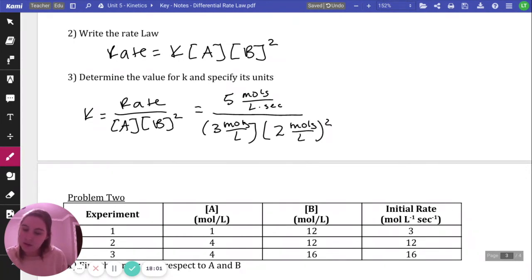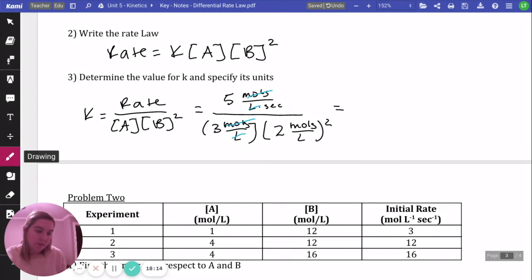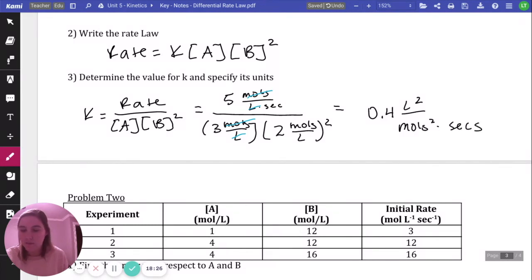So you can kind of square that out, cancel out what's going to cancel, all that fun stuff. Since I have moles and liters on top, those on the bottom are going to cancel. And then plug in our data values. And I got 0.4 liters squared over moles squared times seconds.